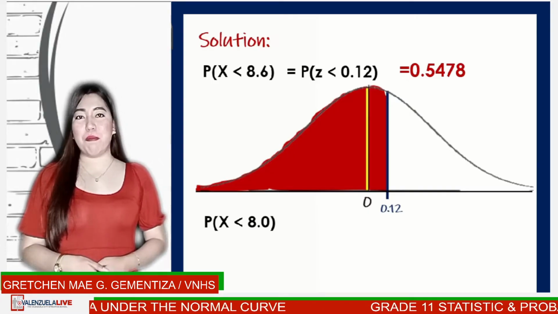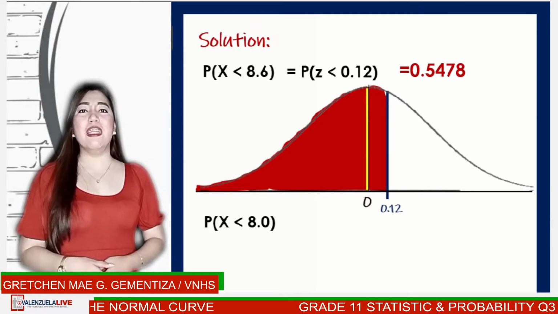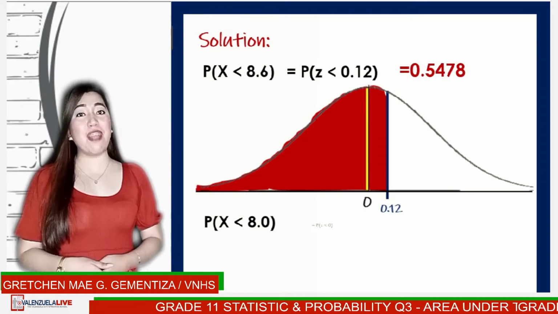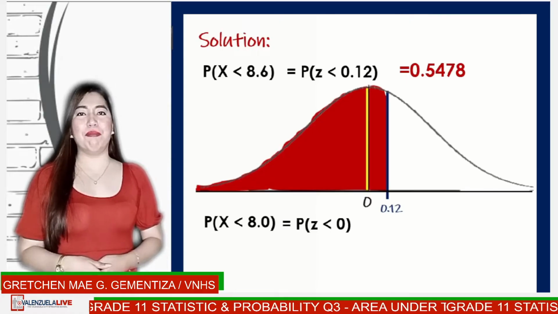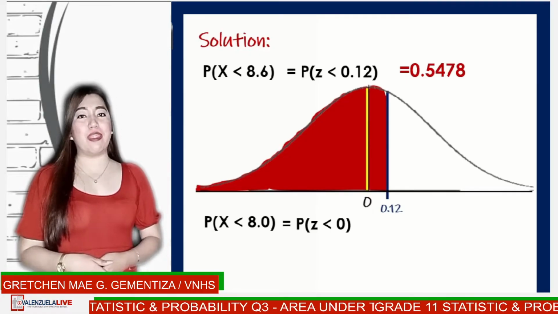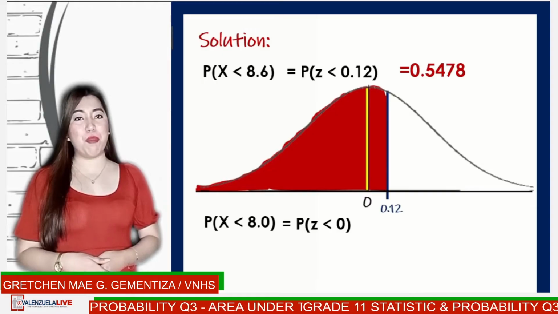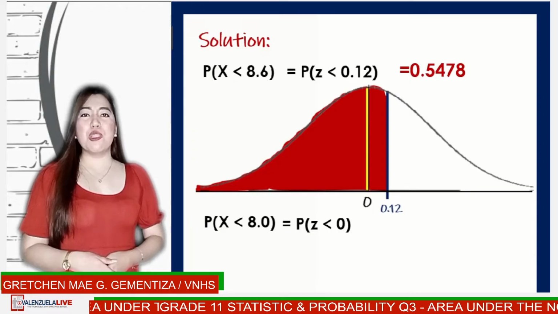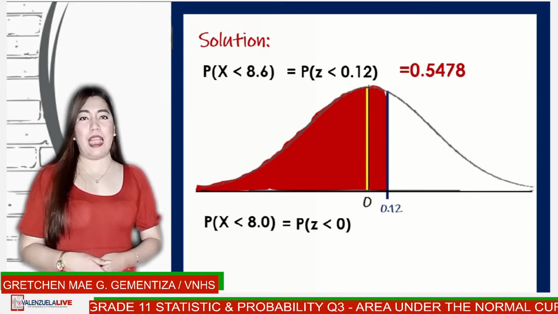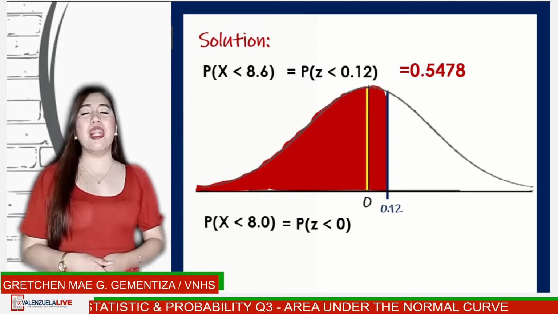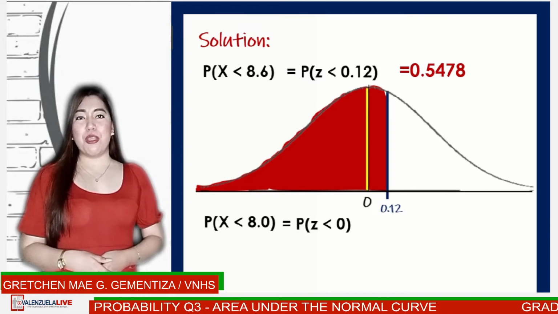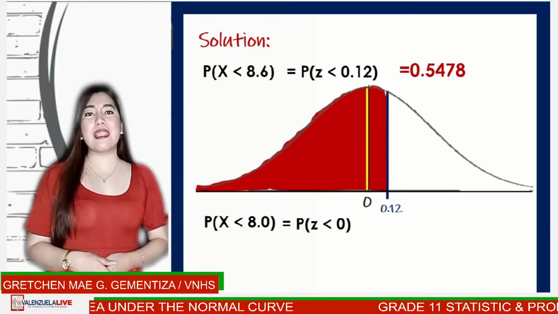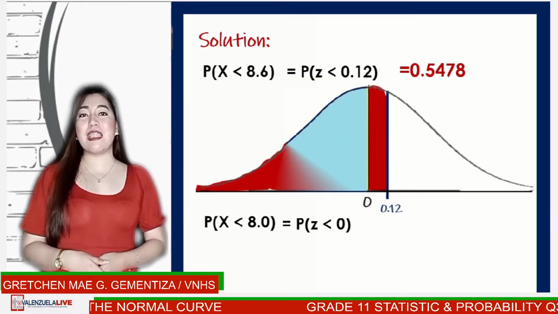Since 8 is the mean of the normal distribution, then we can say that 8 is equivalent to 0 in standard normal distribution. As stated in one of the characteristics of a standard normal distribution, 0 is always the mean of the curve. So, we just need to find the probability of z-score less than 0. Using the standardized normal distribution table, we can say that its probability is 0.5.